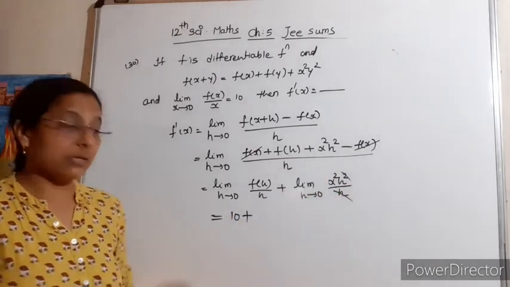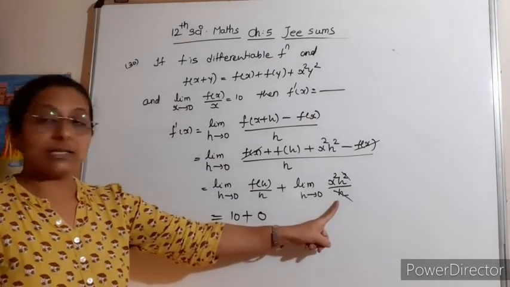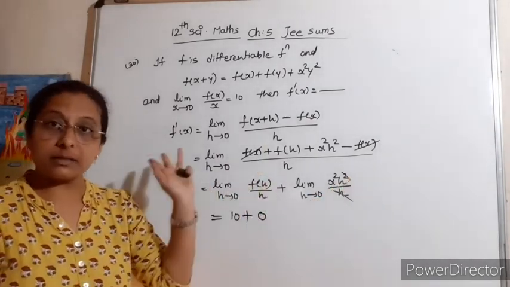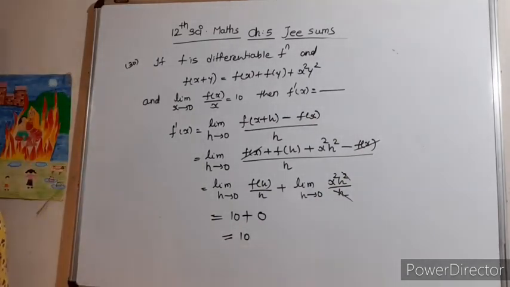If you apply the limit, it becomes 0. There is no h in the denominator, so you can apply the limit. It is 0, and the value is 10. You understand that? Yes. Then we go to the next.